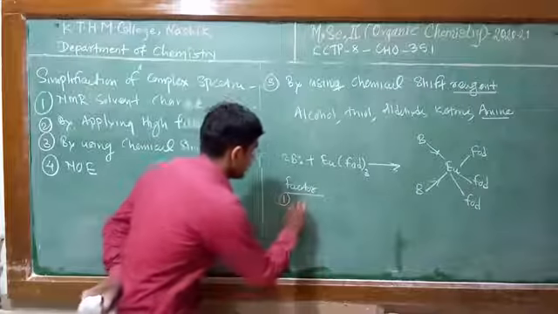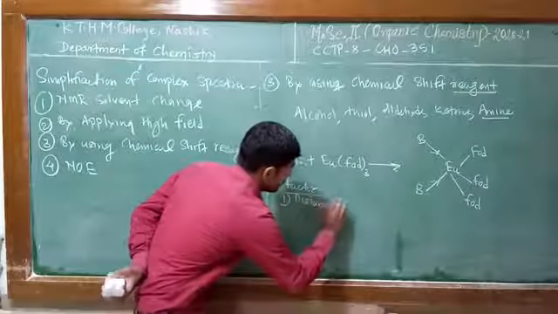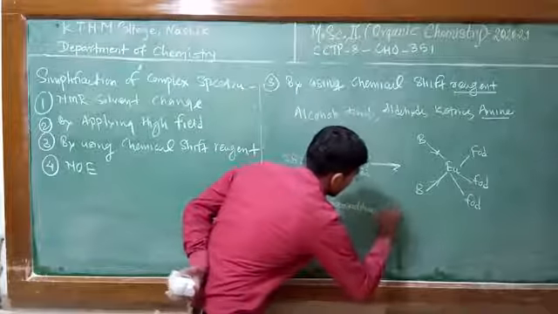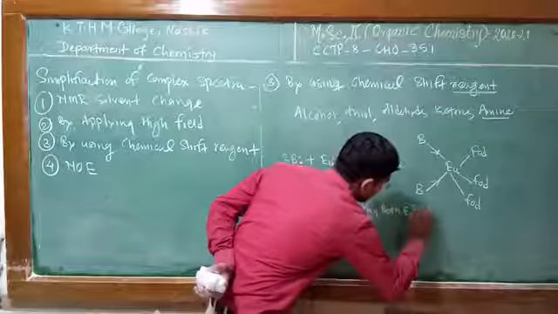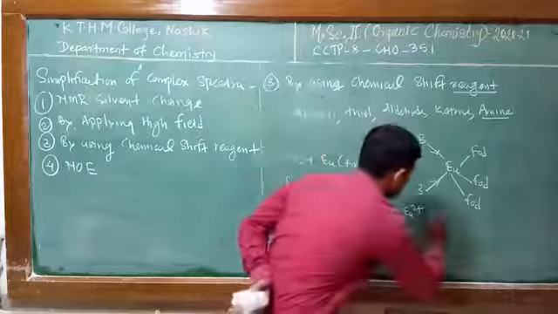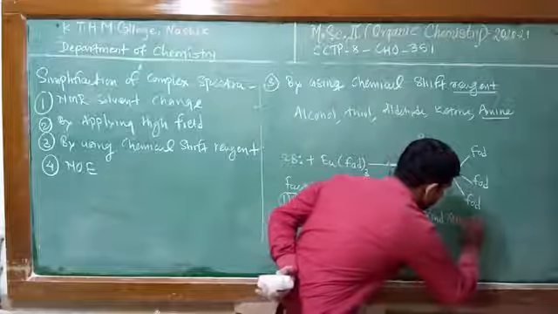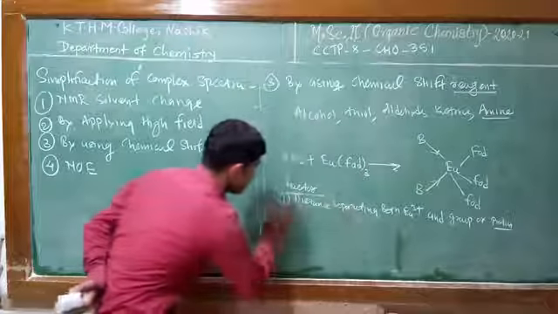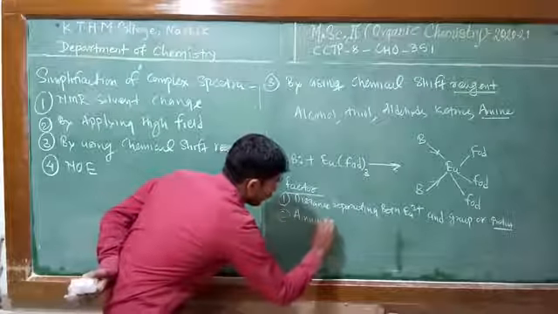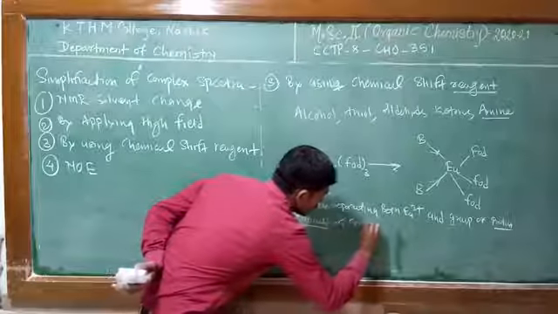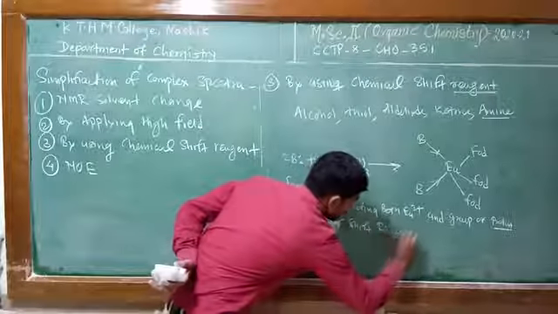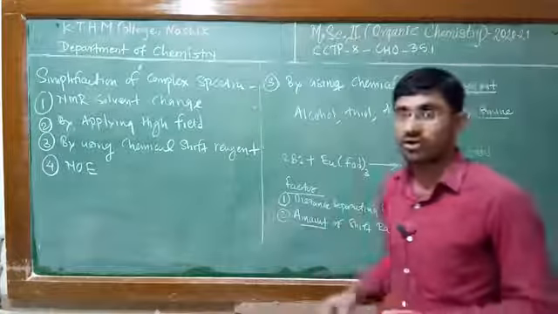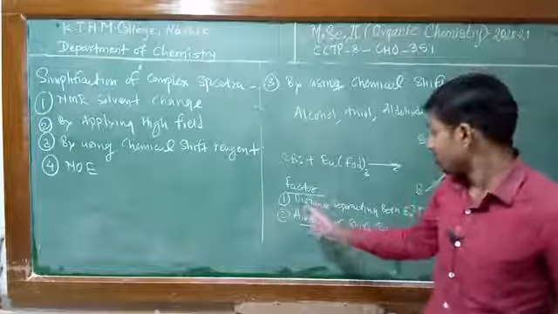First is the distance separating the central metal atom and that group of protons, and second is the amount of shift reagent. Means the chemical shift of proton depends upon these two factors.